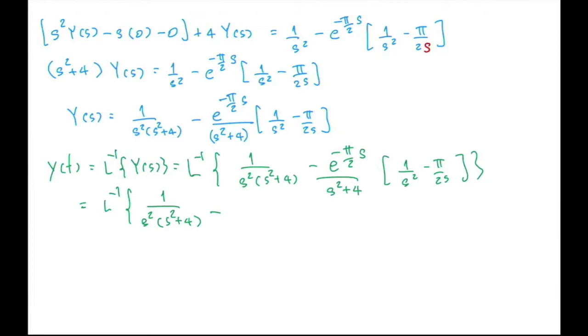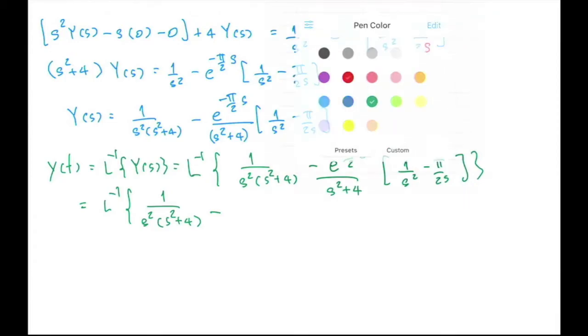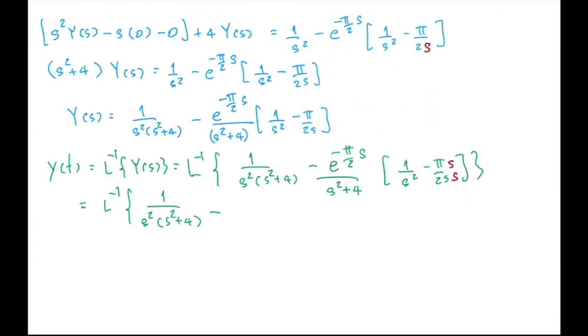One second, I'll put s here and s here. I'll put 2 here and 2 here. So that would be minus e to the minus half pi s divided by s squared plus 4, and in here that is (2 minus pi s) divided by 2 s squared.